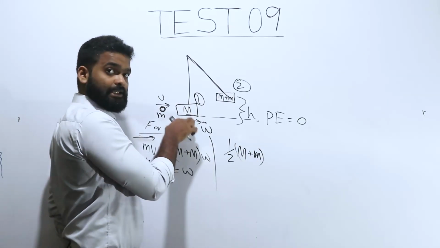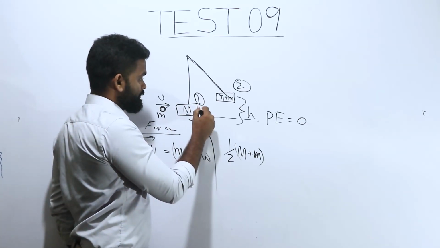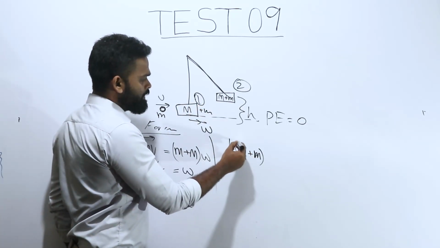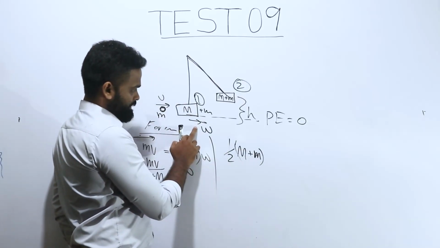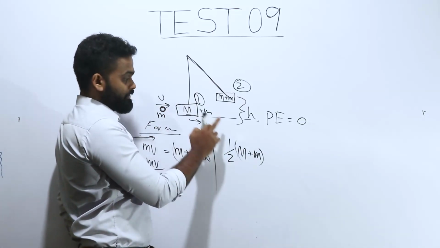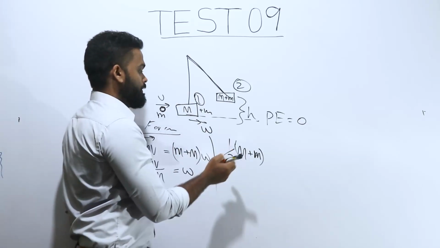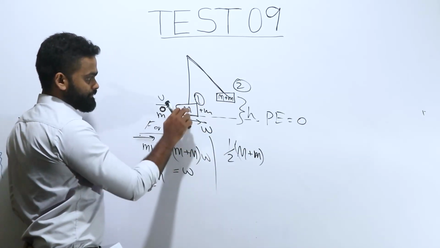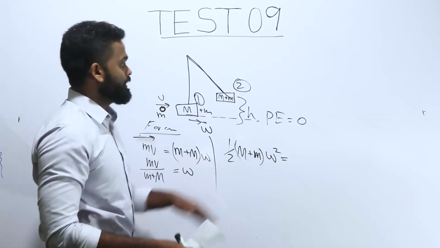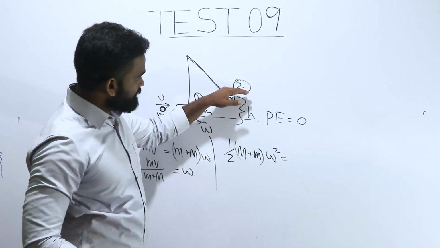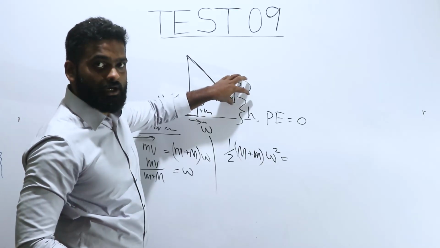The bullet is stuck in here, so the mass is capital M plus small m, and the velocity, not small v, should be w. So half of (M plus m) w squared is equal to, when it reaches here, it stops, so there's no kinetic energy.